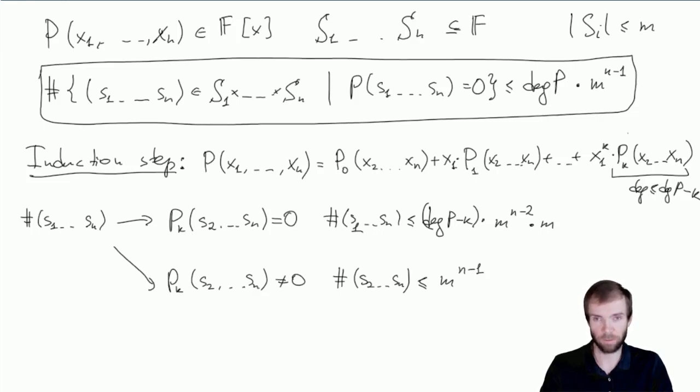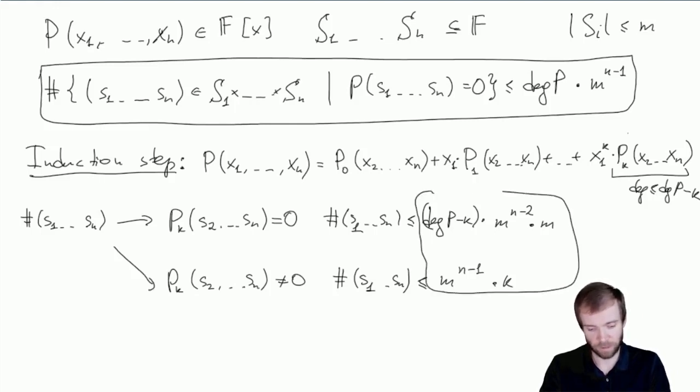And now the number of roots a polynomial of degree k of a single variable can have is at most k. So there are at most k ways to augment our tuple to form a tuple of values s1 through sn. And now adding these two things up gives us exactly the thing that we are looking for. So this completes the induction step, and thus it completes the proof of the lemma.